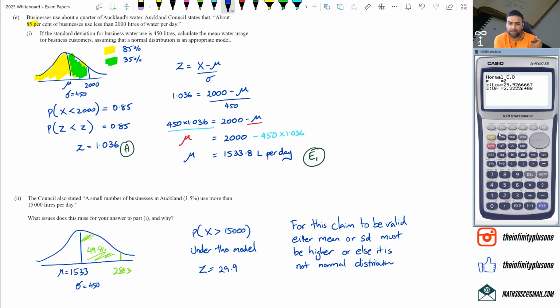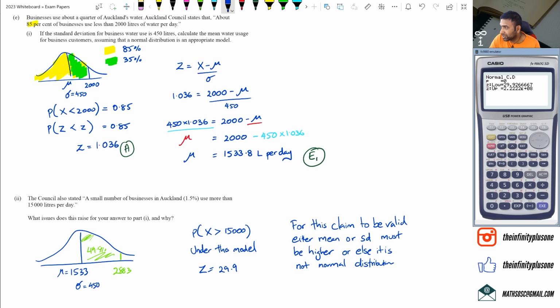Now I've done a couple of diagrams here, and I've talked about the Z value being 29.9. So the way you need to write it is to connect those things. You would say, under the original model, this was not possible because within 3 standard deviations, you're covering 2883, and then if you find out what the Z value is under this model, it's 29.9.